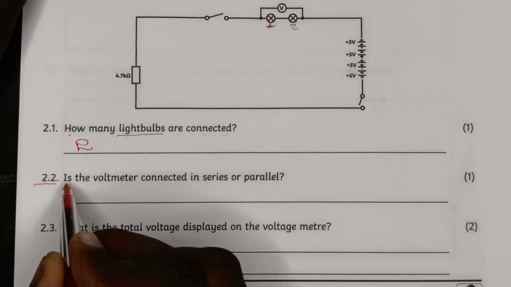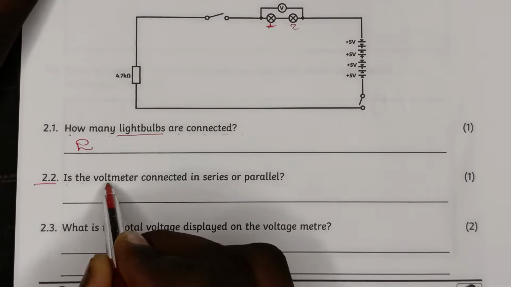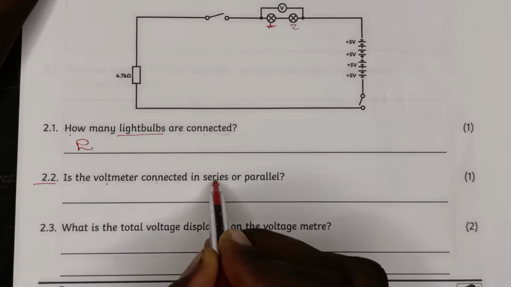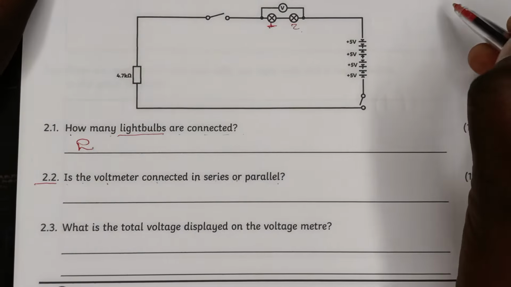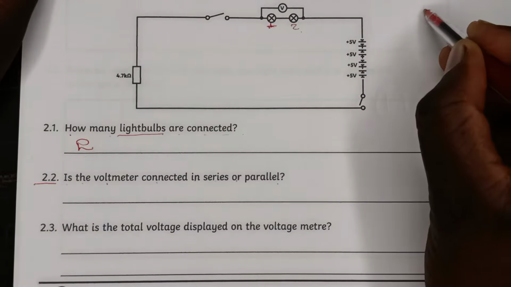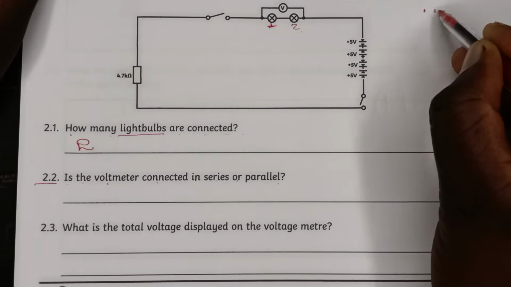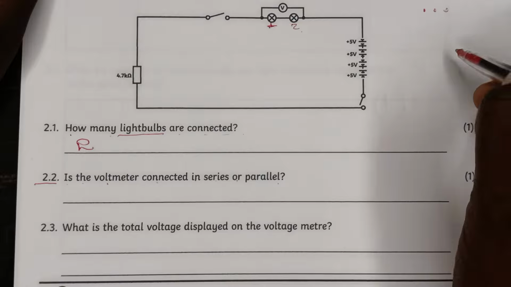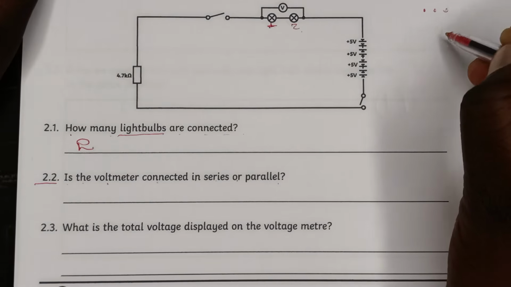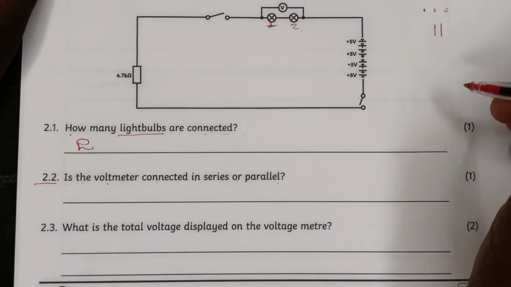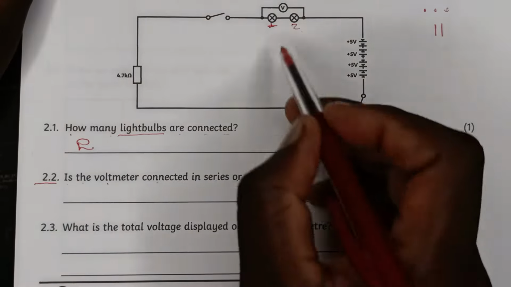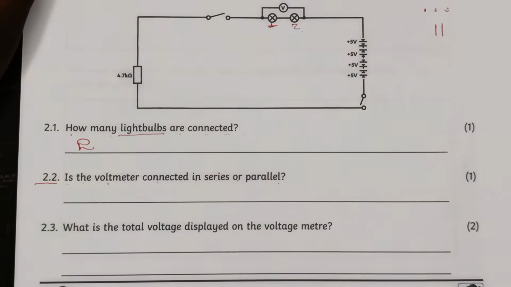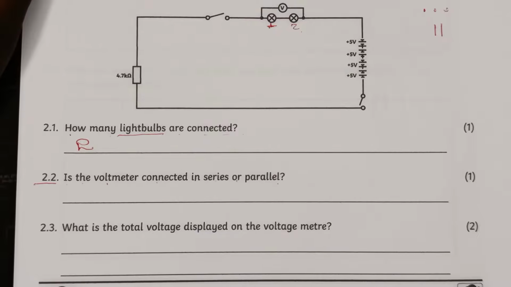Question 2 says, is the voltmeter connected in series or parallel? When you connect things in series, it means you connect them following each other. If you're connecting them in parallel, it means they sit side by side. So which one is the voltmeter? The voltmeter is this one. Is it connected in series?